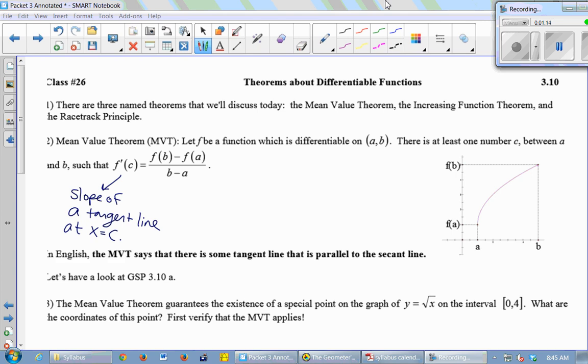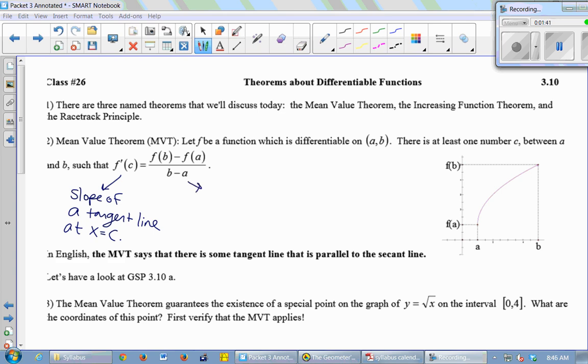Some x value c. How about f of b minus f of a over b minus a? What is that represented as graphically? That is the slope of what line? Close. It's a secant line. It's the line connecting a comma f of a to b comma f of b, right?